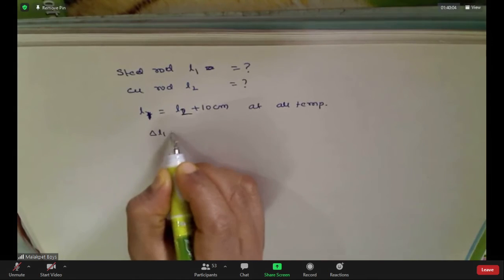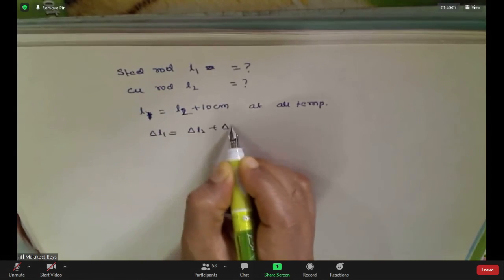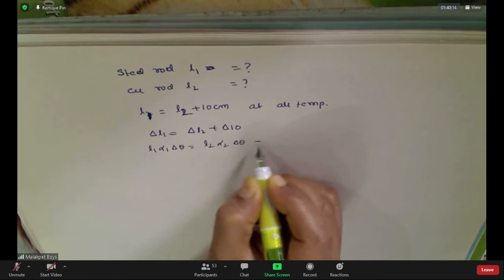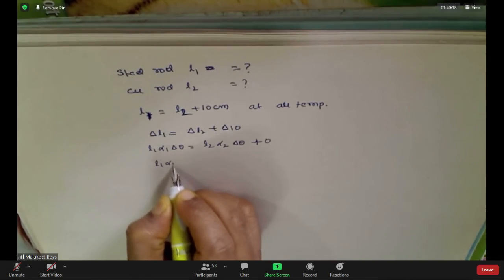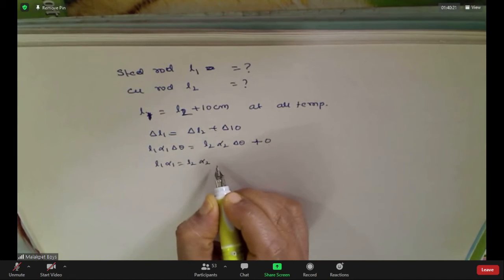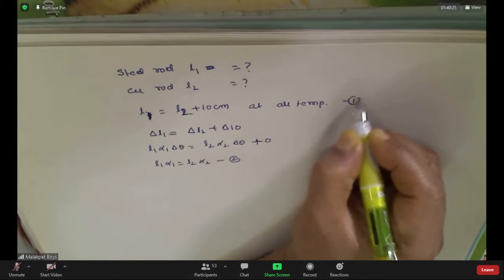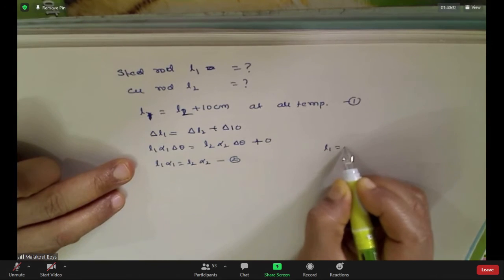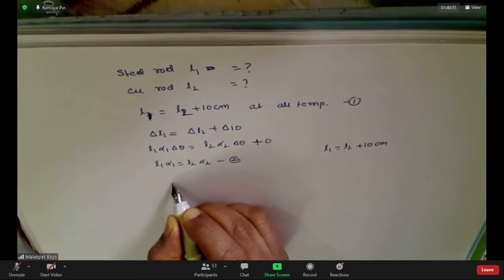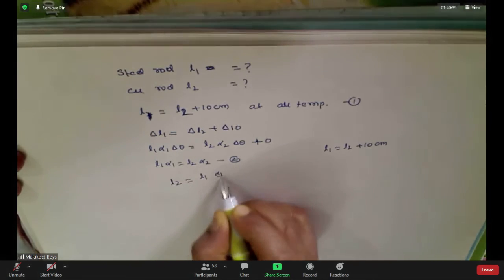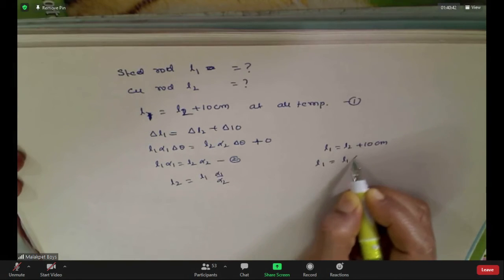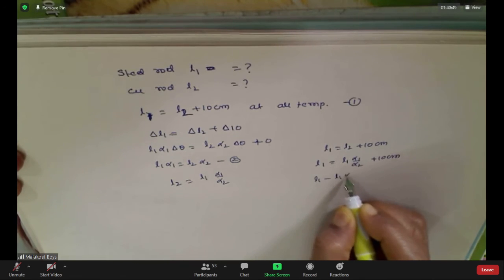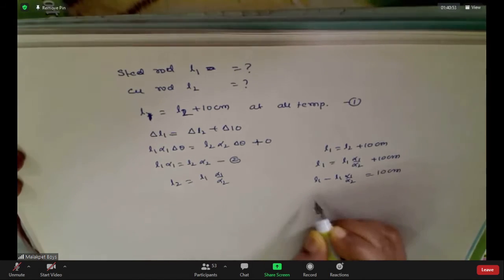Okay, now take deltas in this. This is one equation. Now you can solve this. Alpha 1 and alpha 2 are given, sir.